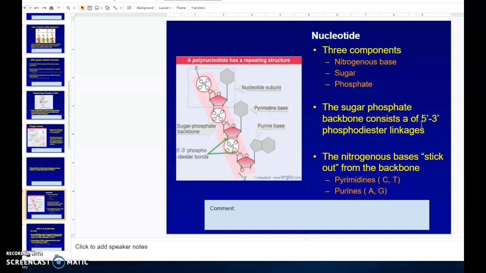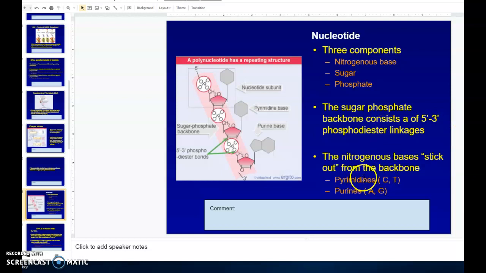If you're in chemistry, you'll learn about various bonding sites. And 5' is going to tell you, hey, the bond for this is over here, and 3' is over here. That's all that's saying. So 5' to 3' is talking about bonding sites.